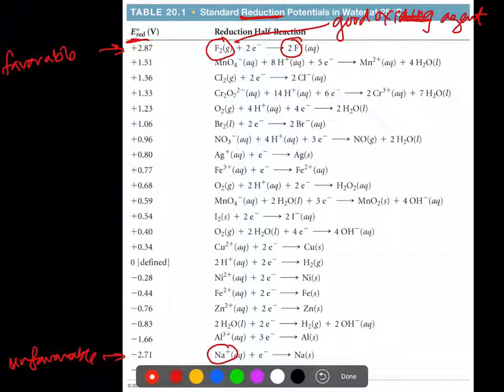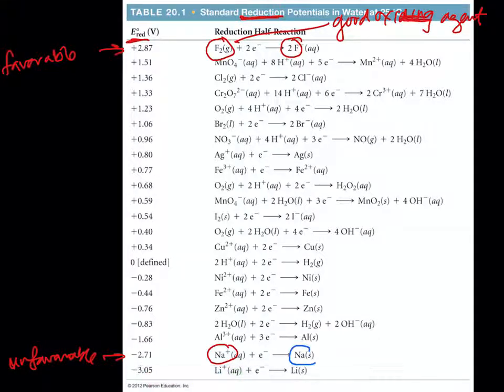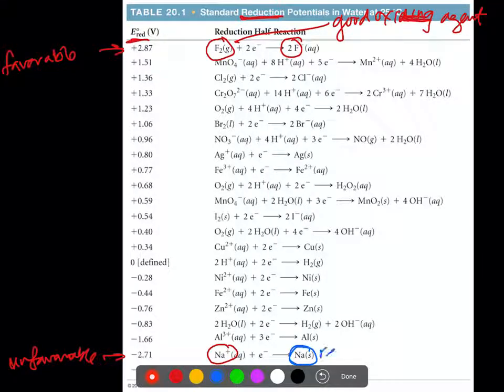Now, if we look at this in the opposite direction, that means sodium solid readily gives away electrons. If sodium solid readily gives away electrons, that means this is a good reducing agent. Does that make sense?